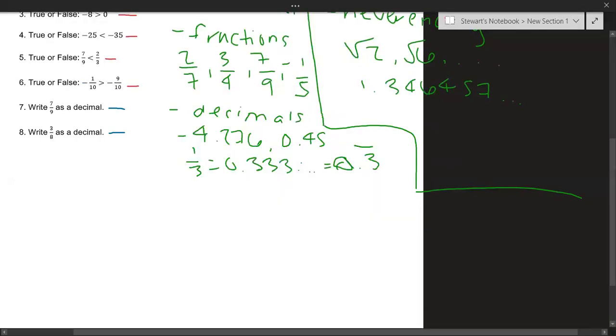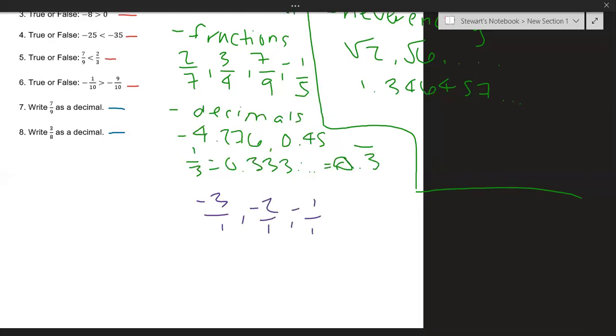Inside of rational numbers, inside of reals, we have numbers that can be expressed as positive and negative fractions over 1, like -3 over 1, -2 over 1, and so on. You get the idea. These are all called integers. The ones in purple, integers. Because as you know, anything divided by 1 is just itself.